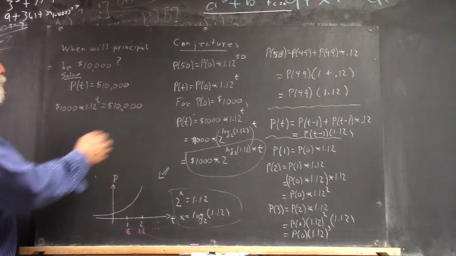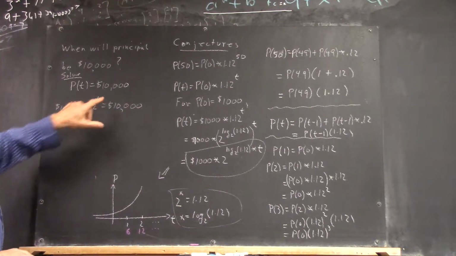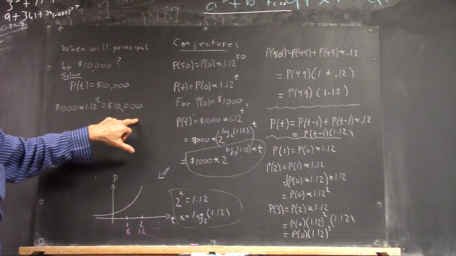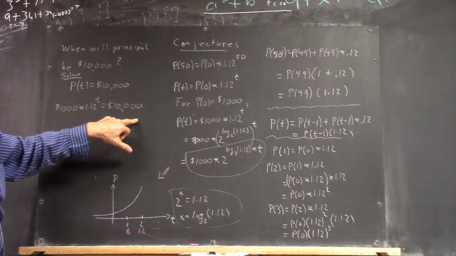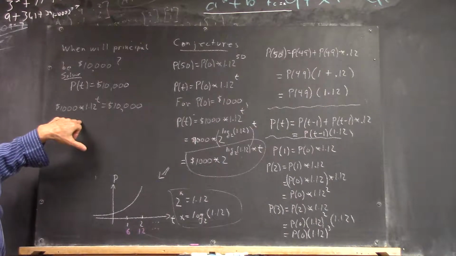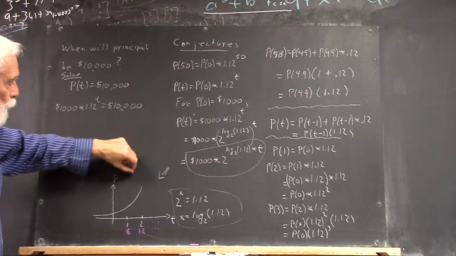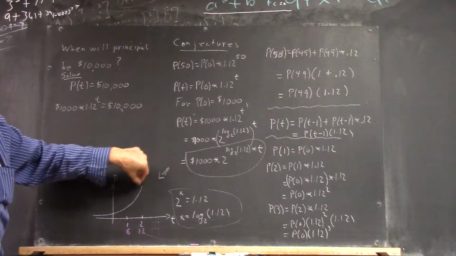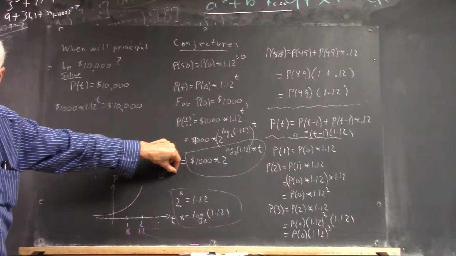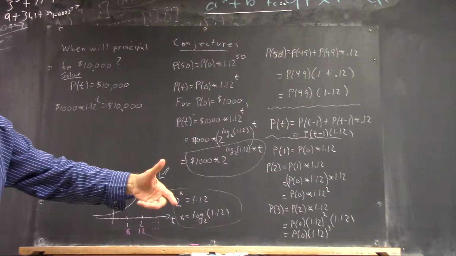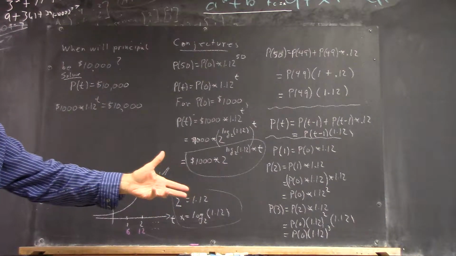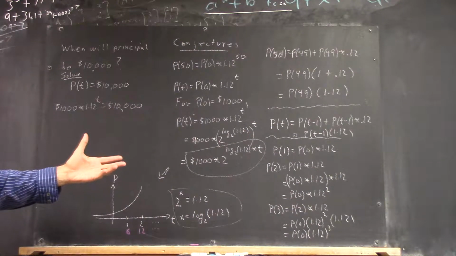But what's the first thing you're going to do if you want to solve this? If that was 2 to the t, what's the first thing you do to solve this? Well, I know many of you know because you've done it in the test. You're going to divide by the 1,000 because you have to get it in the form like 2 to the a equals c. That's going to be 1.12 to the a equals c. Right? But that's the only difference.